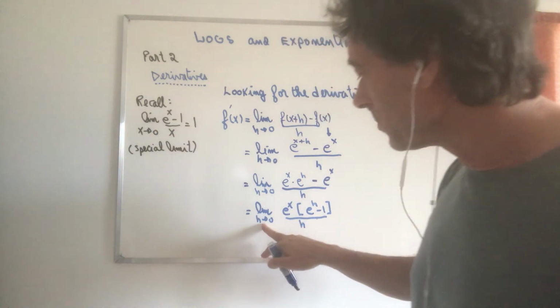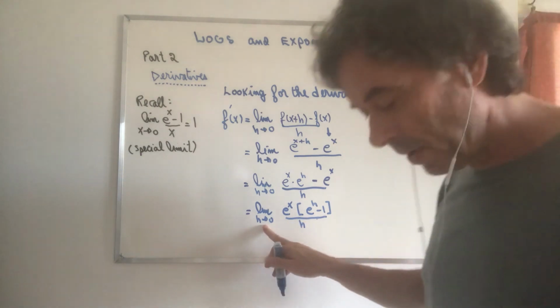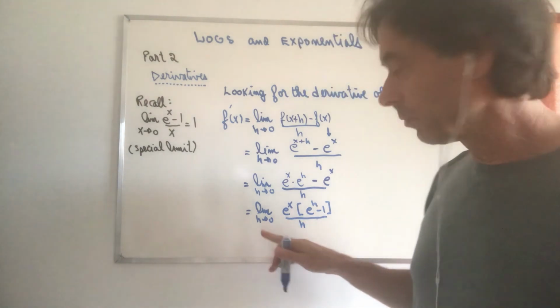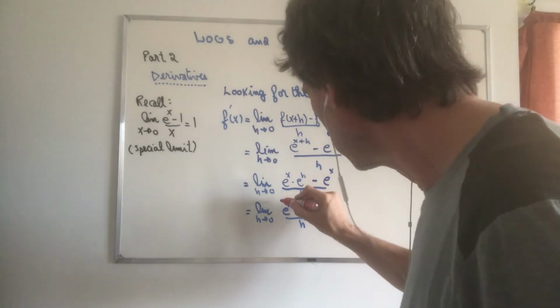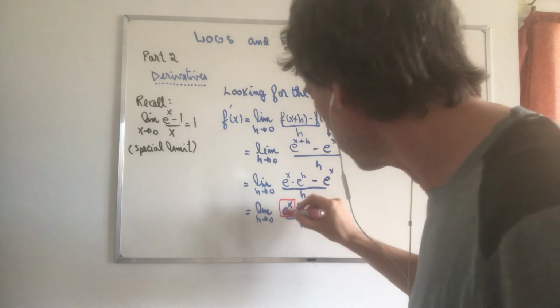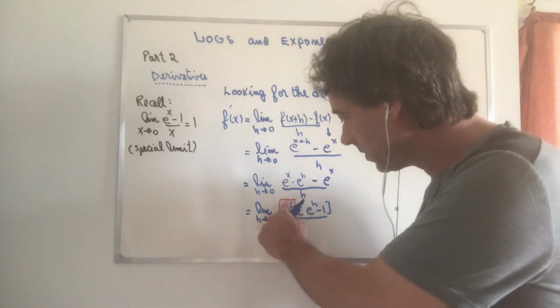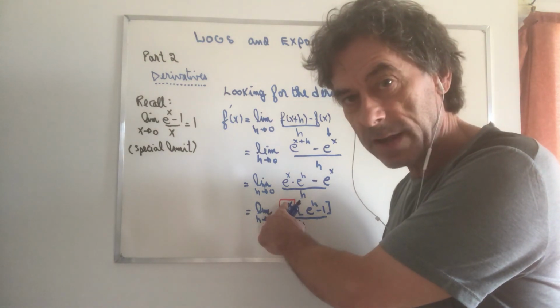It actually asks this function, its y value, what is it getting close to when h approaches 0? So it is completely independent of this guy. This guy has no h in it at all.